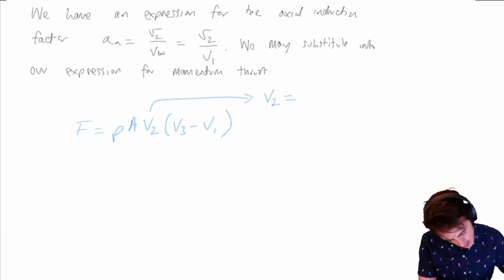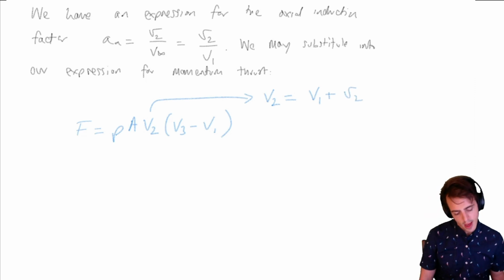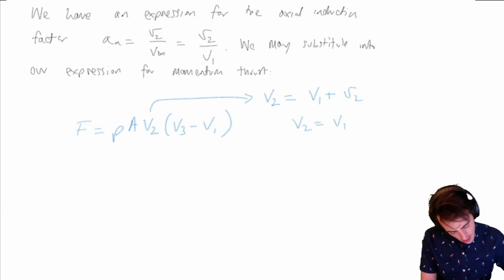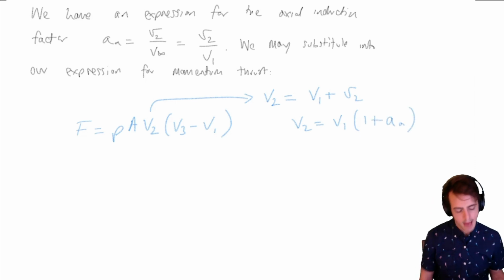V2 is equal to V1 plus V2 here. We can say actually V2 is equal to V1 times 1 plus a.